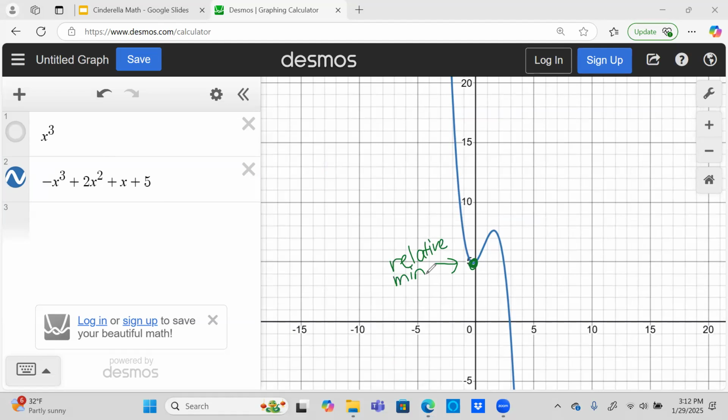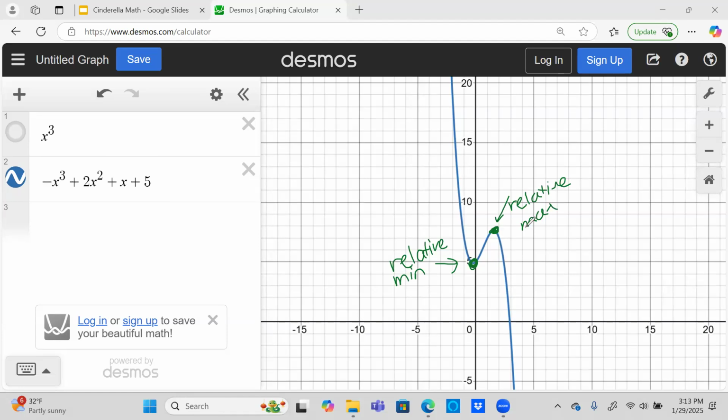Think of a roller coaster. That's like a dip in the roller coaster. And then likewise, this guy right here at the top of the hill would be a relative maximum. Again, that's not the highest we go, but compared to everything around it, that one is the largest.